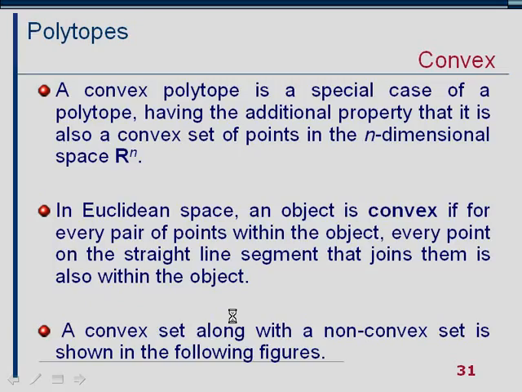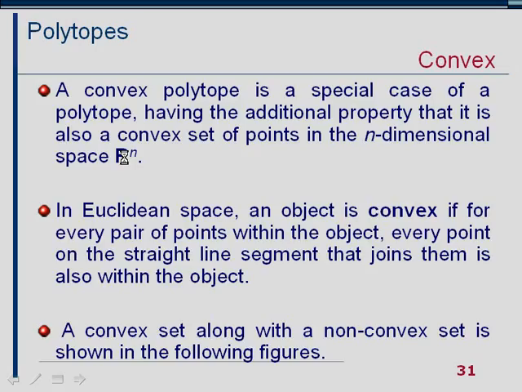Well, a convex polytope is a special case of a polytope having the additional property that it is also a convex set of points in the n-dimensional space. We denote this space as capital R raised to the n power, meaning that this is the n-dimensional space.